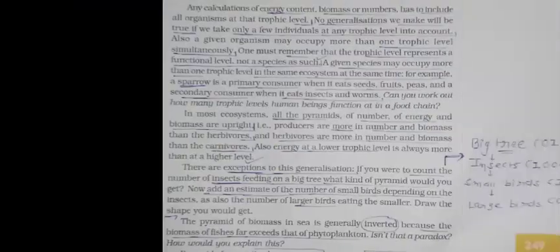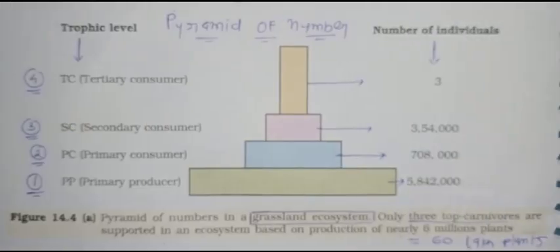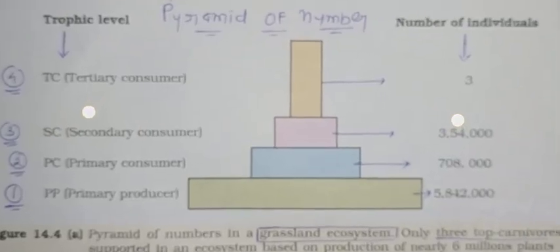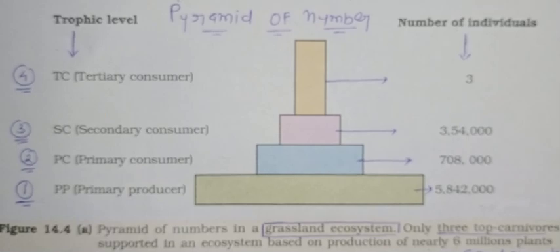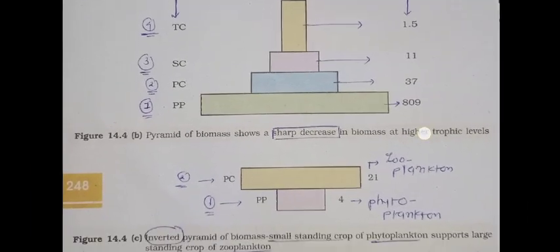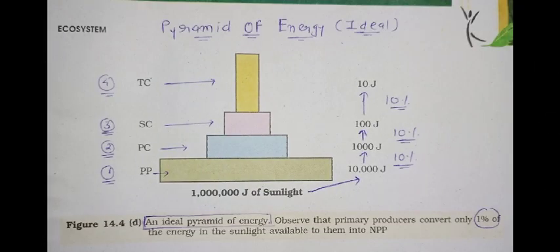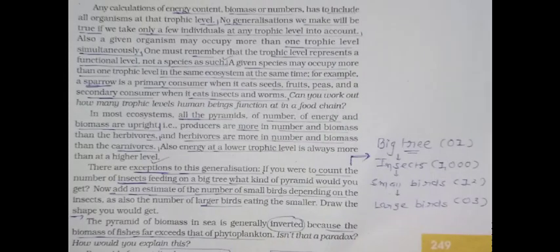But you can see in all pyramids decomposers are not included. Here it is a pyramid of number, decomposers are not included. Pyramid of biomass, decomposers are not included. Pyramid of energy, decomposers are not included. Okay, so in any pyramid decomposers are not included.